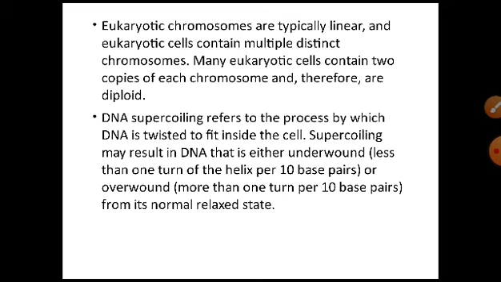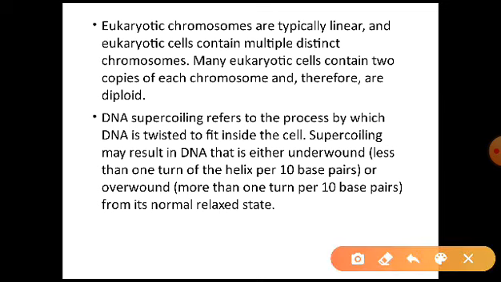So here the eukaryotic chromosomes are typically linear, and a eukaryotic cell contains multiple distinct chromosomes. Many eukaryotic cells contain two copies of each chromosome, and therefore it's called diploid. The human chromosomes are also diploid.